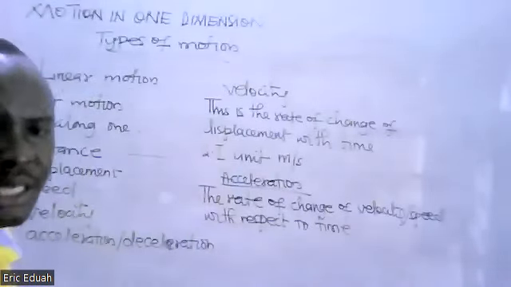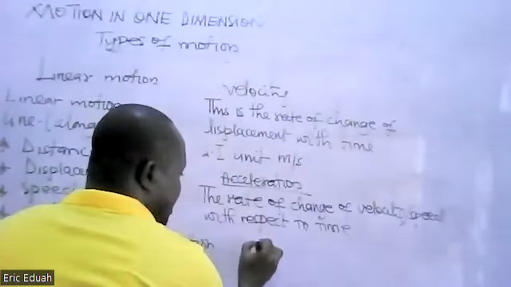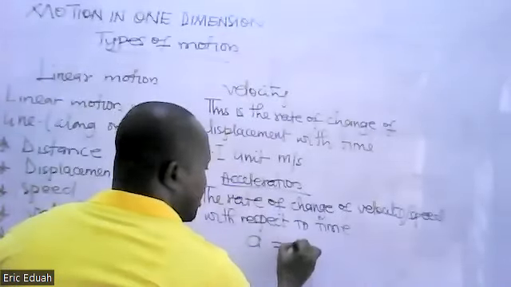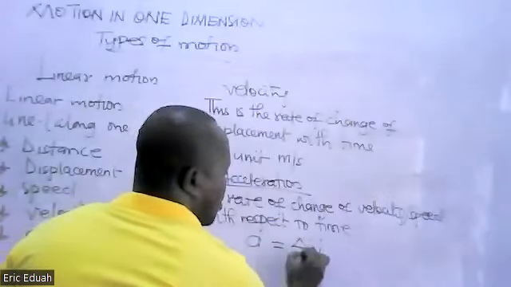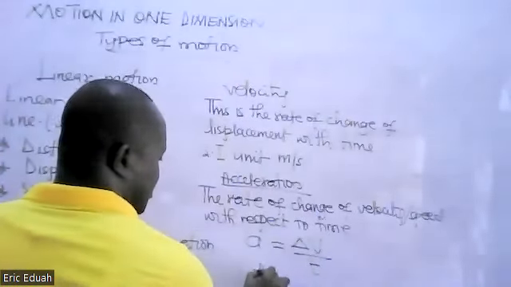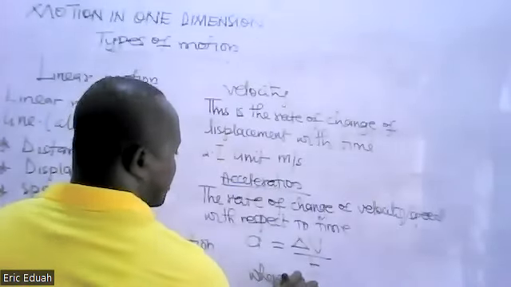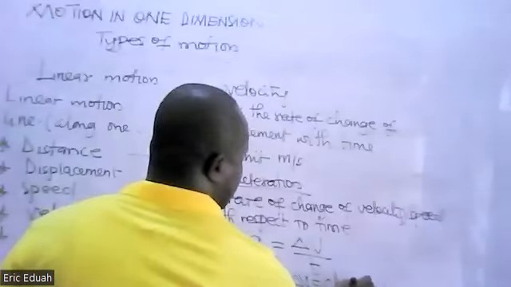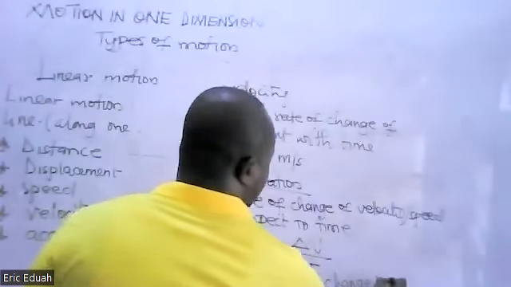So mathematically, this is how we express it. Acceleration a is equal to delta v on t, where delta v is equal to change in velocity.